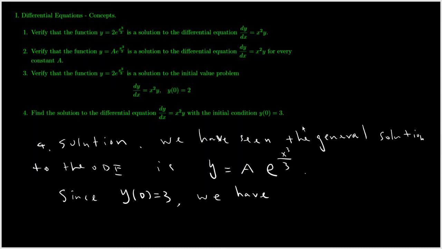The y value is 3 when the x value is 0, so x value 0 and y value 3 satisfy the equation. We have y equals 3 is equal to a times e to the power of 0 cubed over 3.